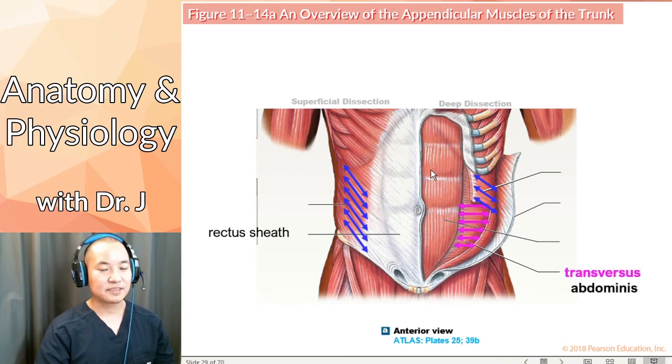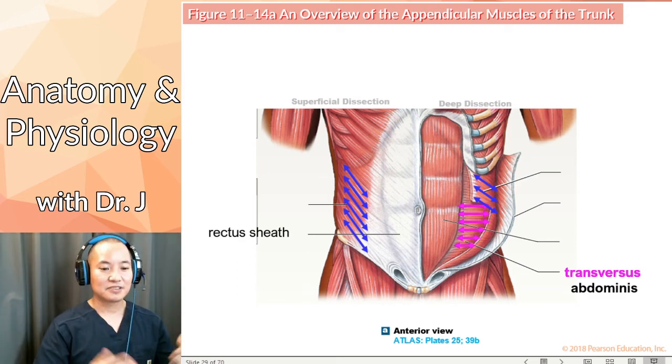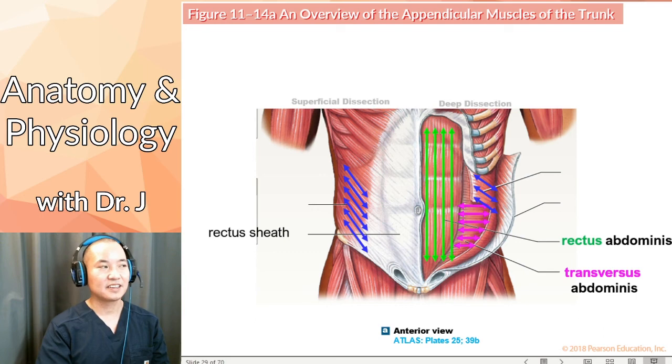And then transversus abdominis, hey, which plane goes horizontal? That's the transverse plane, right? So look at the fascicle arrangement of the transversus abdominis. Notice that they're going transverse, going horizontal. These are the abdominal muscles that are horizontal in arrangement. Now, whenever something refers to rectus, I think OpenStax had a pretty good mnemonic: when you rectify something, you straighten it out.